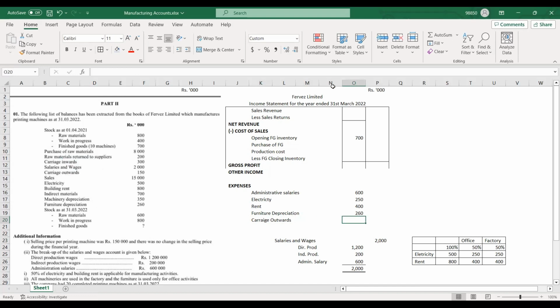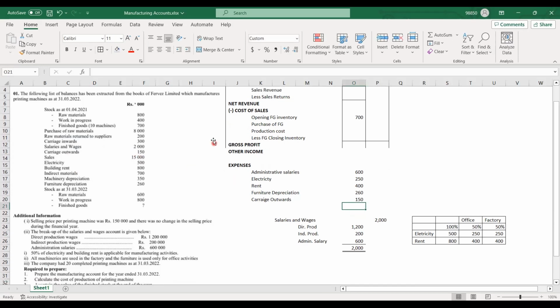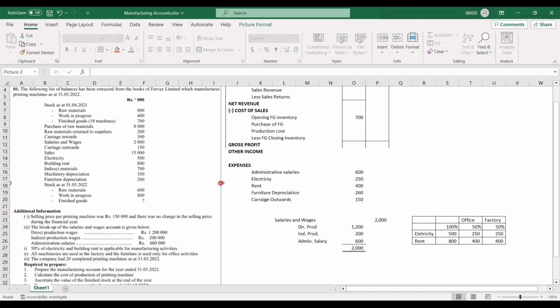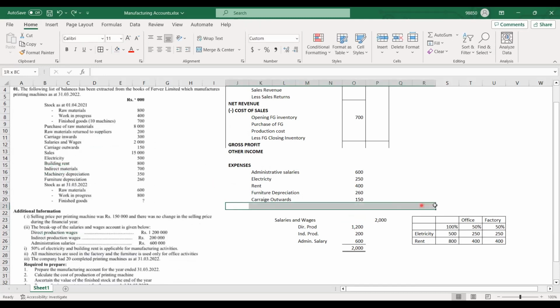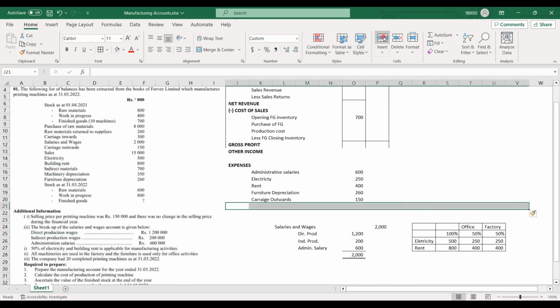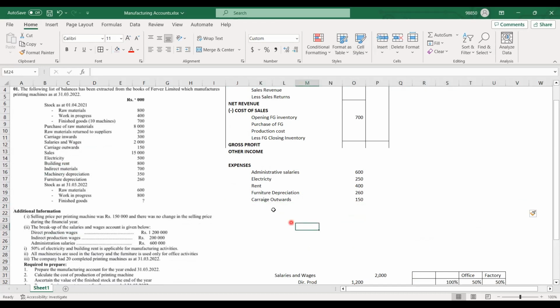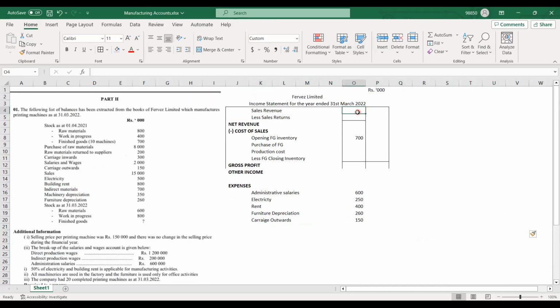And you can see that it is 150. And then you have sales, 15,000.